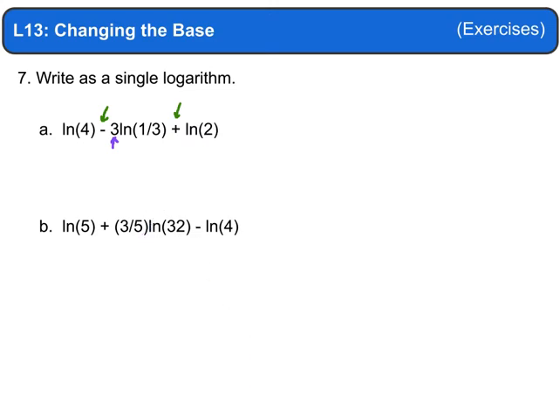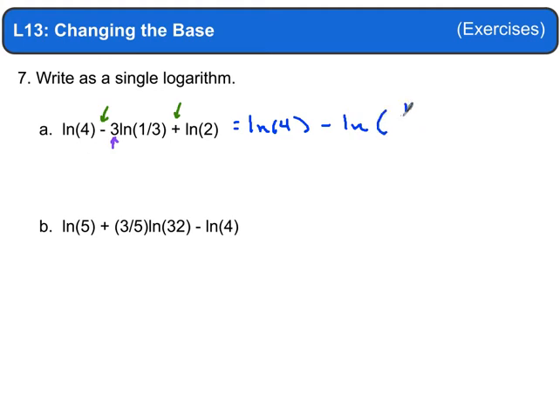And so let's see, we can rewrite this. This is 3 to the 3rd power, right? So if we do one thing at a time, the natural log of 4 minus, what we're going to do is pull that 3 in.